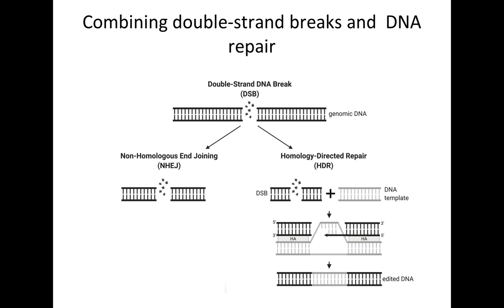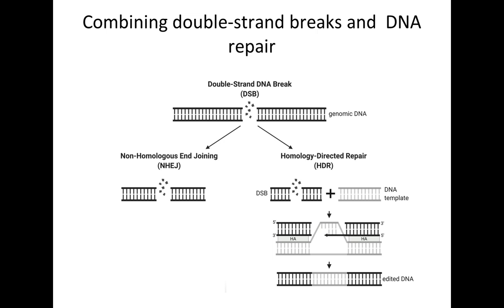So NHEJ on the left here typically does a good job of repairing the break, but if it's repaired properly, it regenerates the target sequence, which causes subsequent iterations of break and repair, until there is a mistake that is no longer recognized, so it gets cemented in the DNA. These mistakes tend to manifest in the form of insertions and deletions, and we abbreviate them indels. And so non-homologous end joining gives rise to indels.